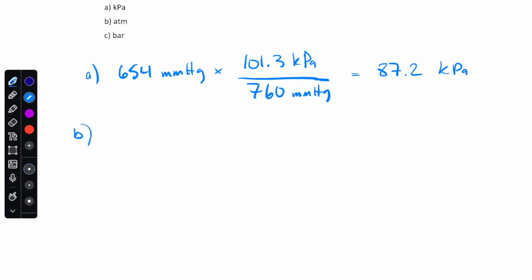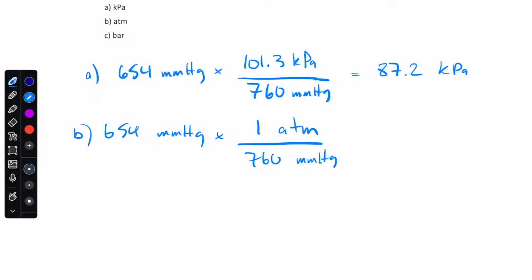B, we have 654 millimeters of mercury. In this case, we want it in atmospheres. So that's 1 atmosphere over 760 millimeters of mercury equals 0.861 atmospheres.